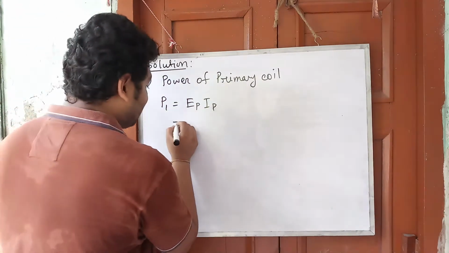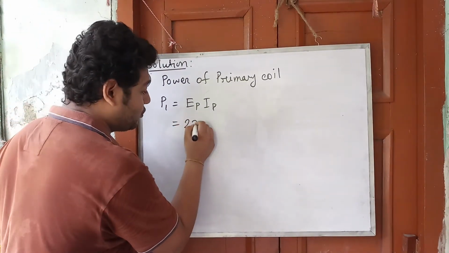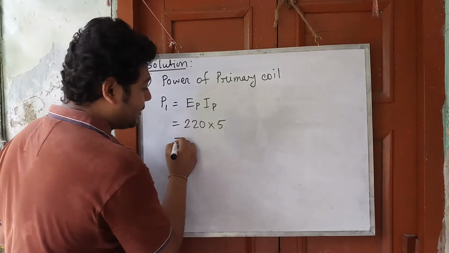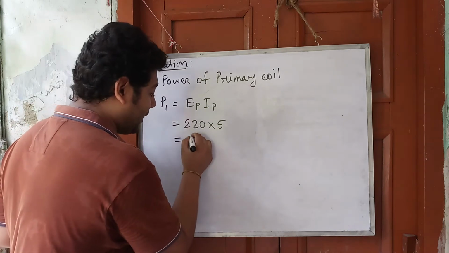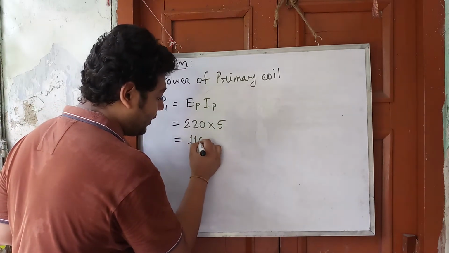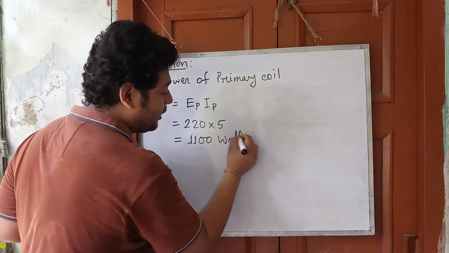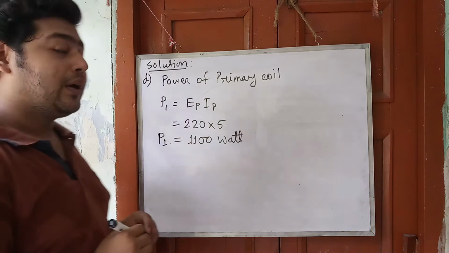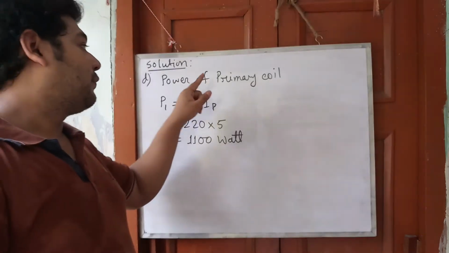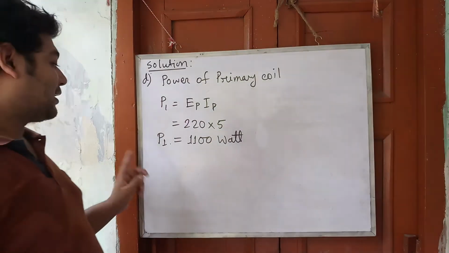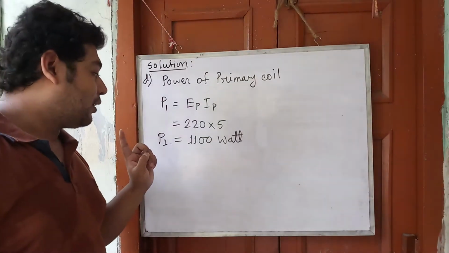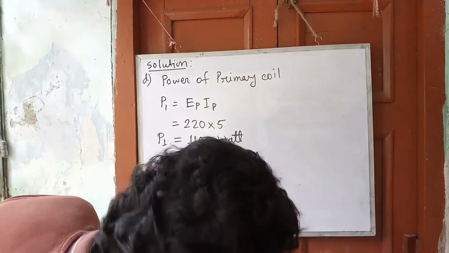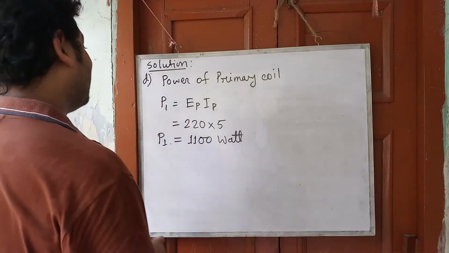Then EP is given 220 volt and IP is given 5. So we get 1100. The unit of power is watt. So from our given stem, we get the power for our primary coil is P1 equal to 1100 watt.